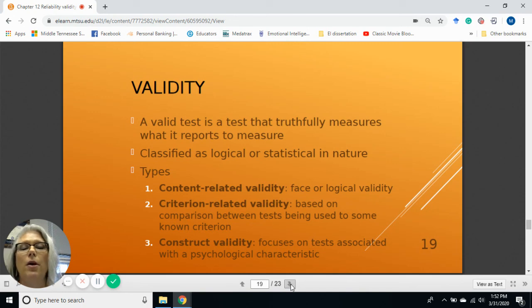And then we have construct validity, which focuses on the test associated with a psychological characteristic, right? So we are attempting to develop validity for measures that exist in theory but are not observable. Take pain for an example. Pain is subjective, and we know that pain is what the patient says it is, but we need to objectify or make that a concrete thing.